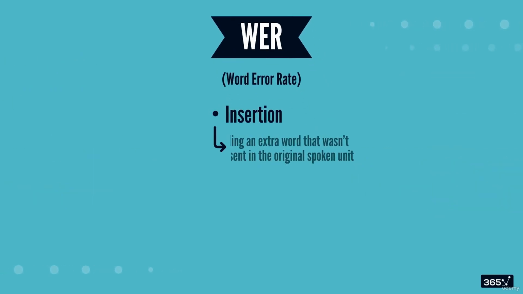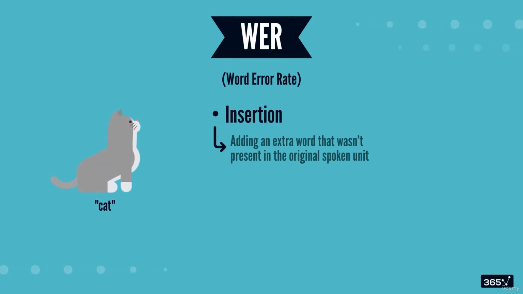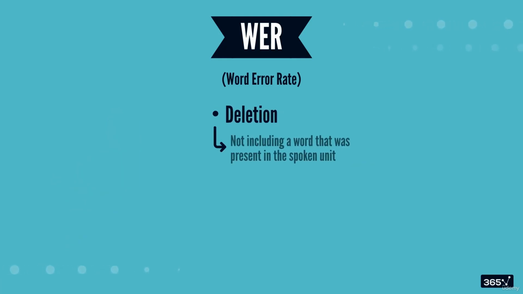Insertion means adding an extra word not present in the original spoken input. For example, if "cat" is spoken and the system transcribes it as "the cat", the word "the" is an insertion error. Deletion represents a situation where the system fails to include a word that was present in the spoken input.